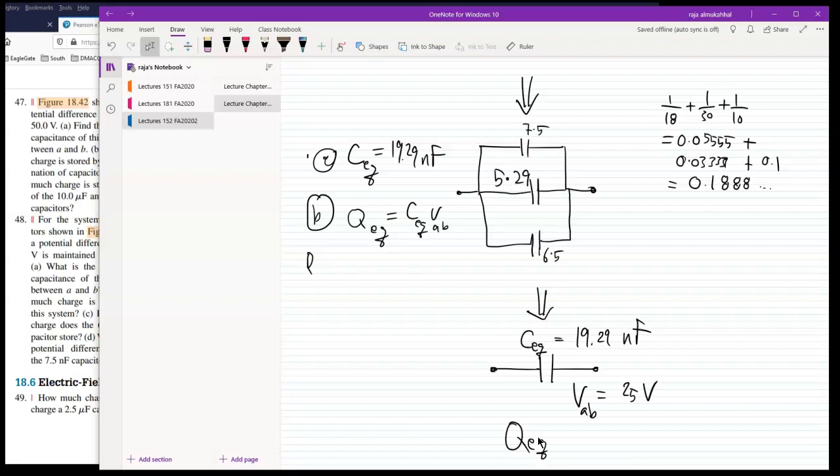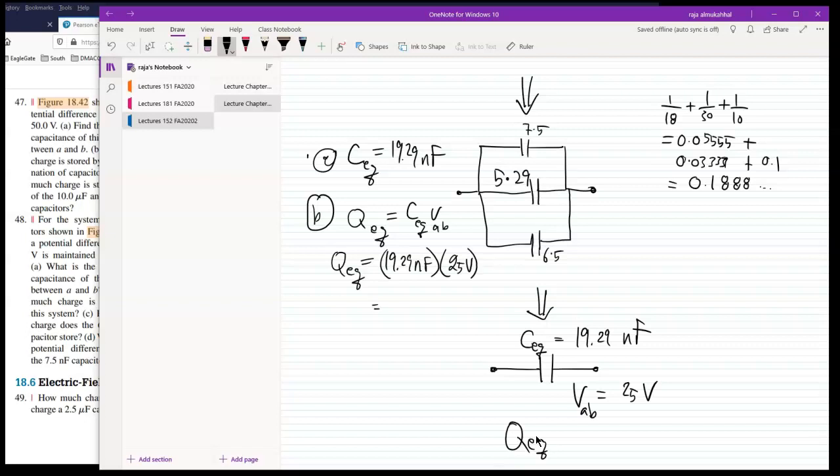So I can do that. So Q, I'm at the edge of the screen again. Go here. So C equivalent is 19.29 nano, times 25 volt, right?